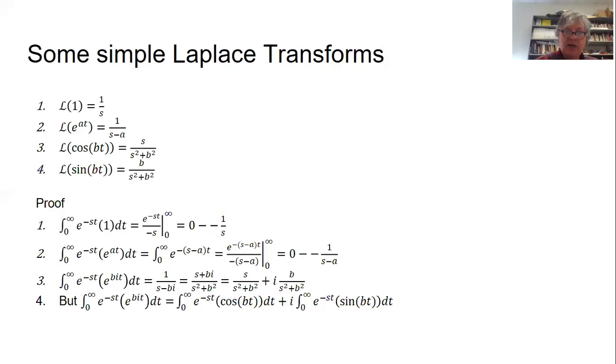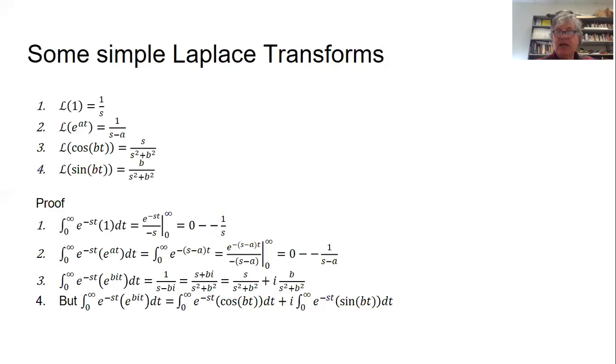So we rationalize that by multiplying top and bottom by s plus bi, and we get that the real part is s over s squared plus b squared, and the imaginary part is b over s squared plus b squared. But originally, by Euler's formula, e to the ibt is cos bt plus i sine bt.